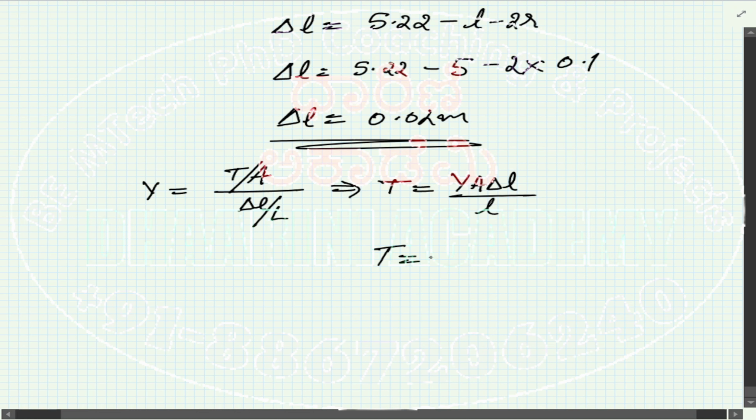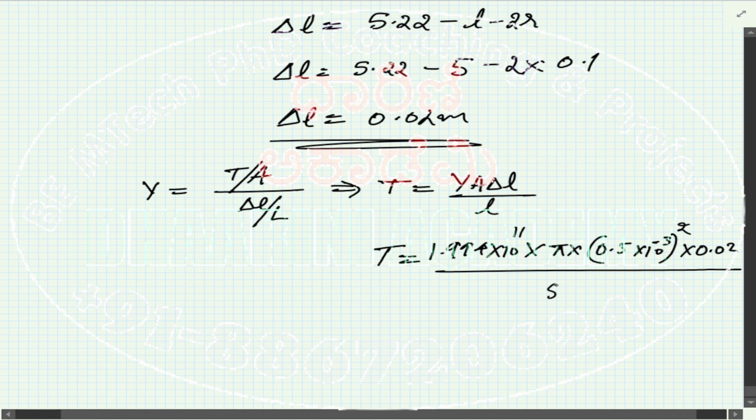So T is 1.994 into 10 to the power 11, into pi into radius square, 0.5 into 10 to the minus 3, because the diameter is given and I'm halving it, squared, into delta L, which is 0.02, divided by the total length 5.